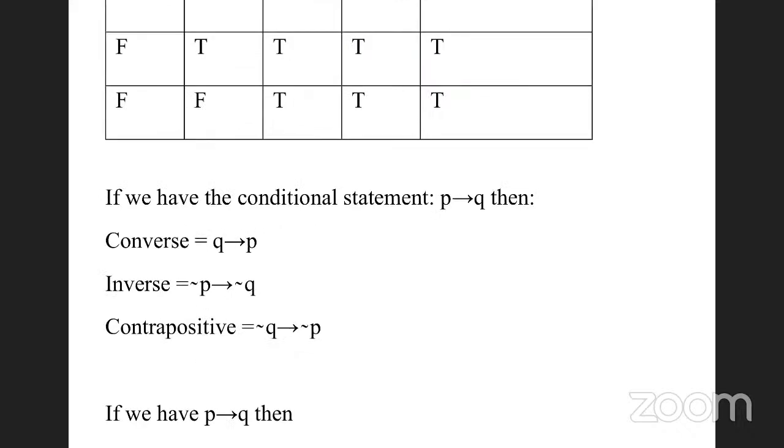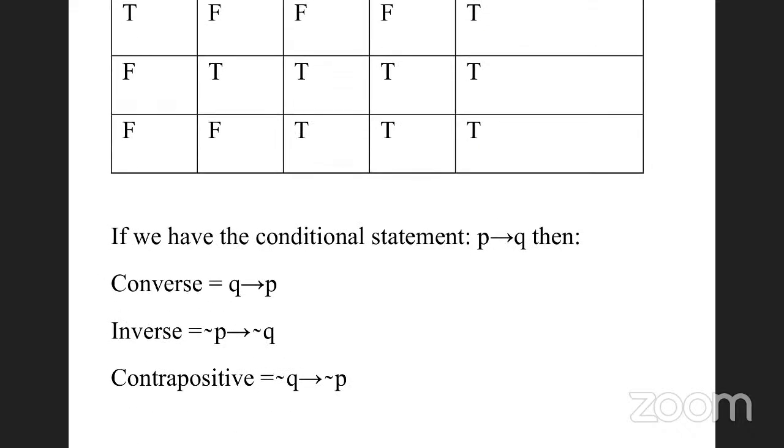Right, before we do that, we have to learn 3 more definitions. Okay, last 3, real easy. If I give you a conditional statement, P implies Q, then the converse of that statement, you just flip it around.